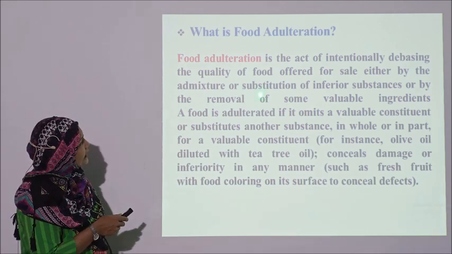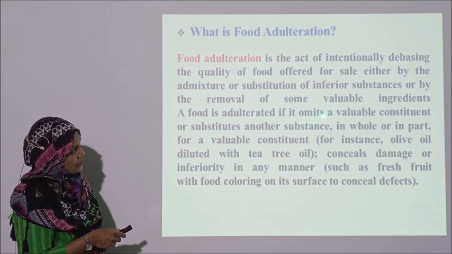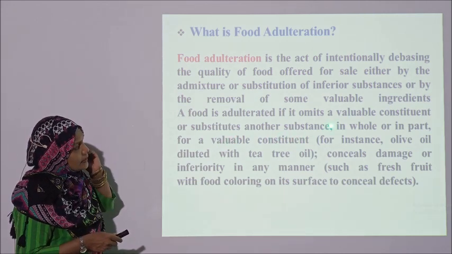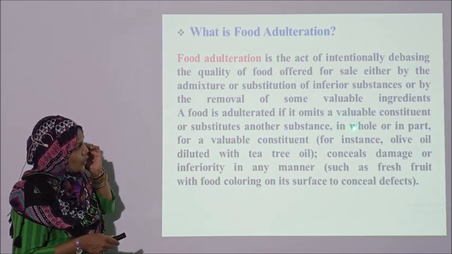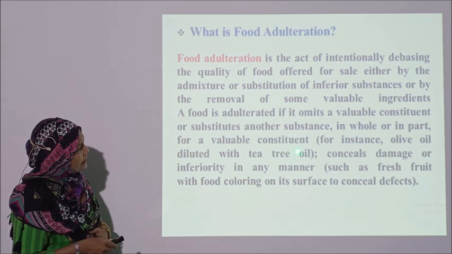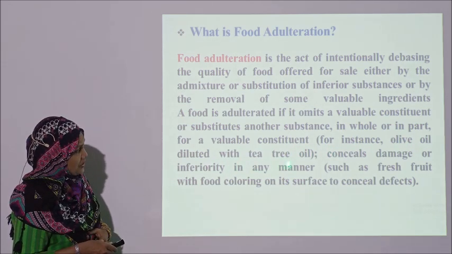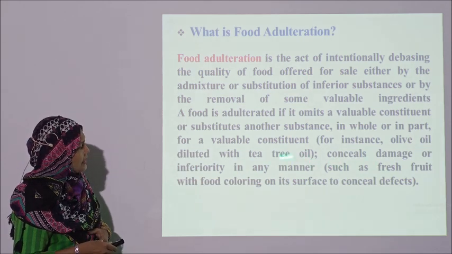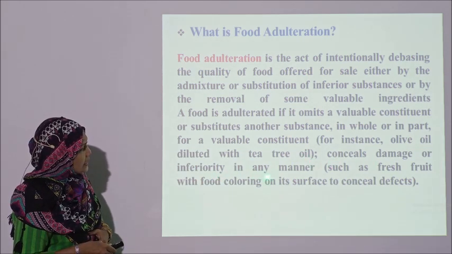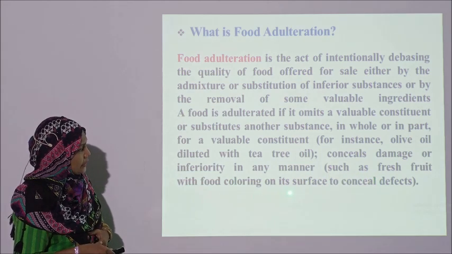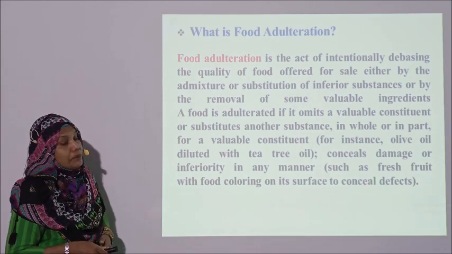Look, a food is adulterated if it omits a valuable constituent or substitutes another substance in whole or in part for a valuable constituent, for instance olive oil diluted with tree oil, or conceals damage or inferiority in any manner, such as fresh fruit with food coloring on its surface to conceal defects.